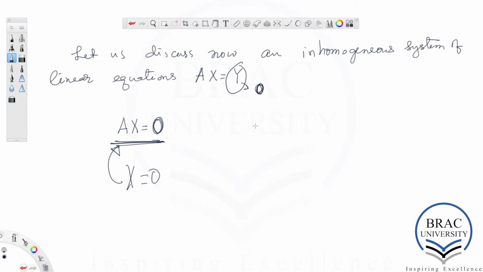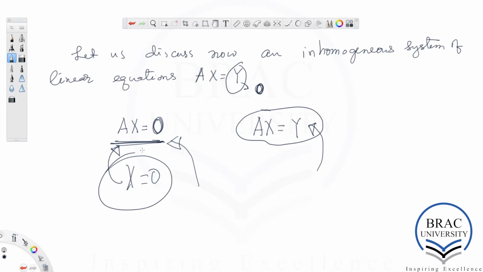While for the system Ax is equal to y, an inhomogeneous system, there may not be any solution at all. We will see later that it may not admit any solution at all, whereas for a homogeneous system, the trivial solution is always a solution. This is one of the basic differences between homogeneous and inhomogeneous systems of linear equations.